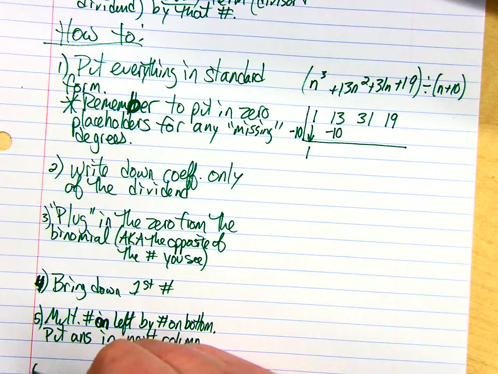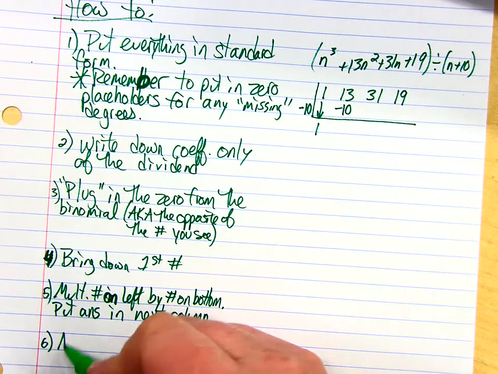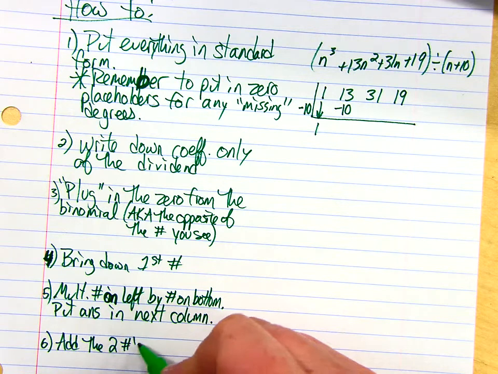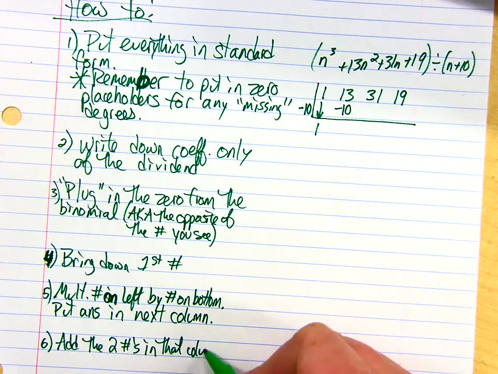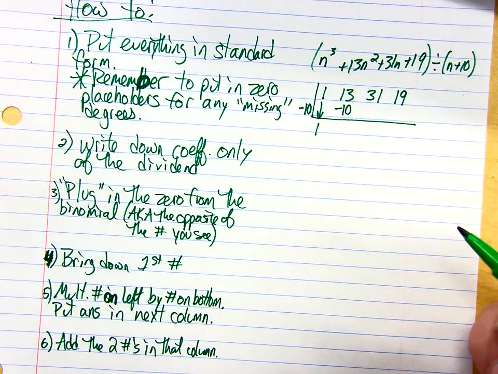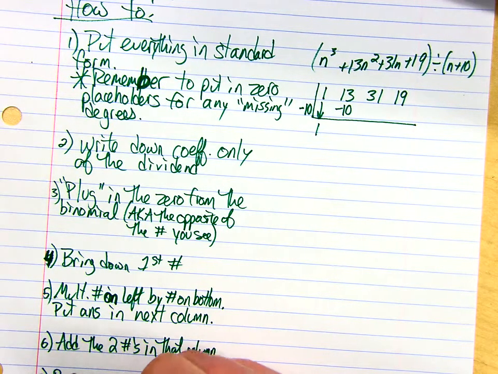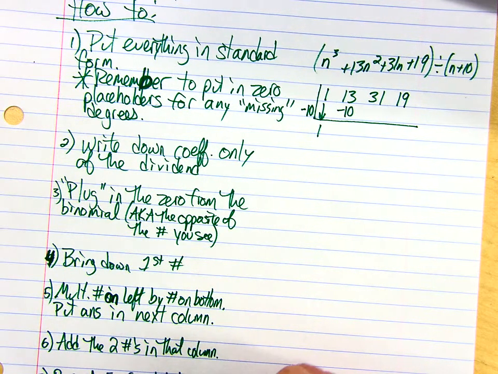So there's step 6: add the two numbers in that column. And then you're basically going to repeat steps 5 and 6 until there's no more numbers. So I'll just say on step 7, repeat 5 and 6 until done.